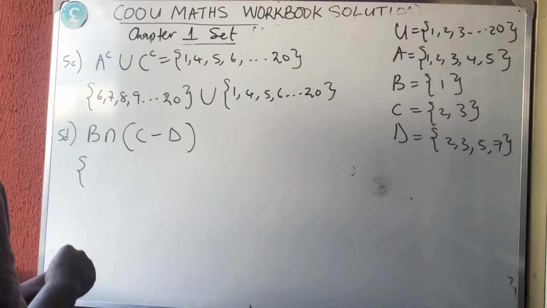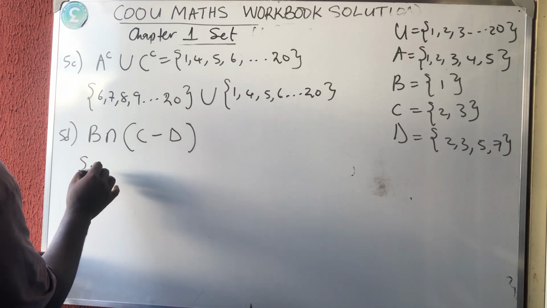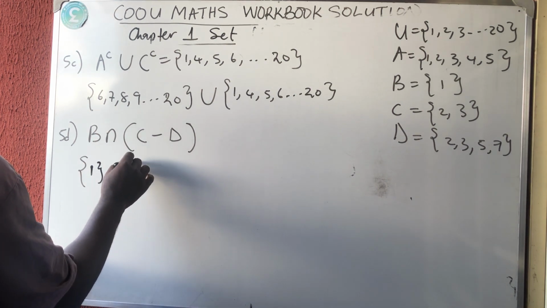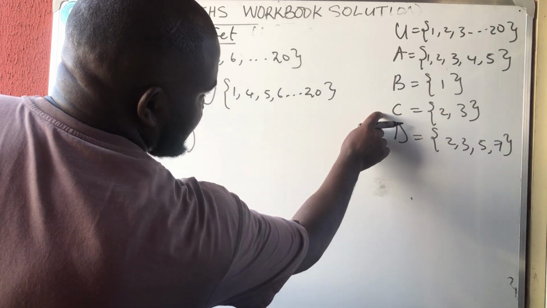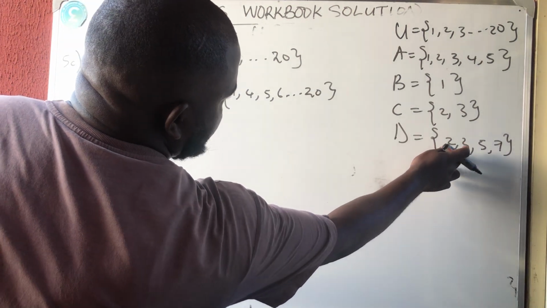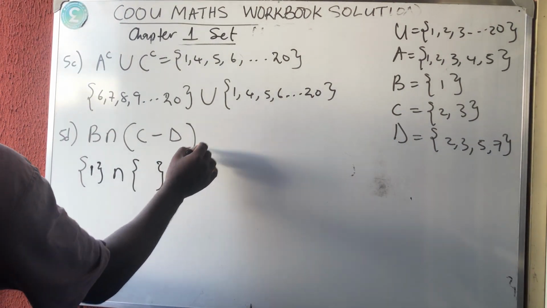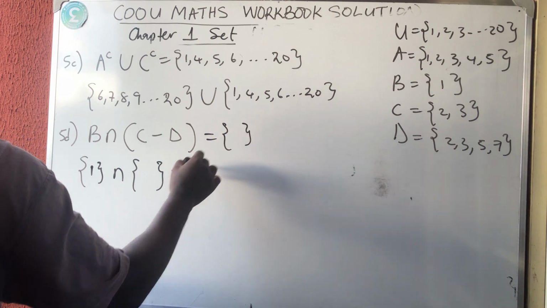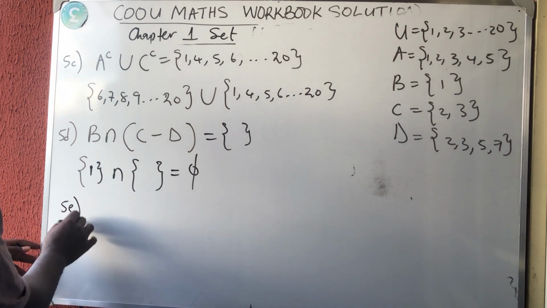In fact, they don't even have anything in common. Set of B is just 1. Intersection C minus D. It means C is where I'm getting my answer from. So remove D, anything that you see in D, which is empty. So this minus intersection this is still empty. So I'm having empty set. You can write empty set like this as well. So 5E.